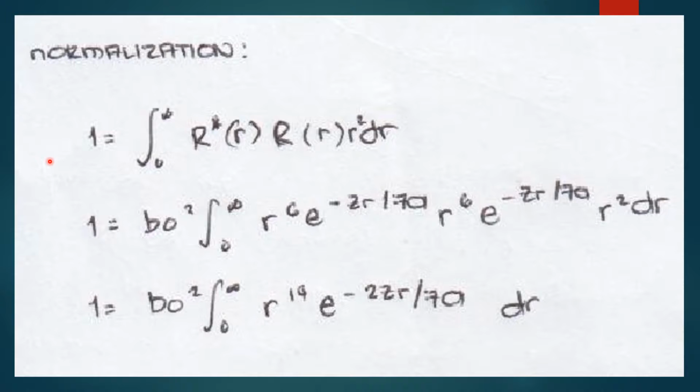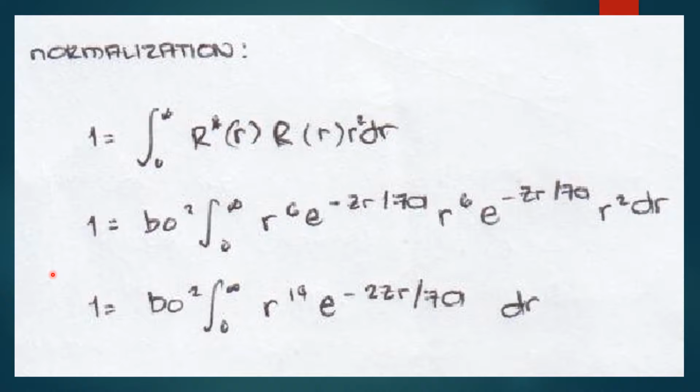As we said from the previous slide, we need to normalize the function. So for the normalization of the radial function, 1 is equal to the integral of R conjugate times R times r squared dr from 0 to infinity. 1 is equal to b0 squared integral of r to the 6 e raised to negative Z r over 7a times r to the 6 e raised to negative Z r over 7a r squared dr. We can move out the b0 from the integral since it is a constant.